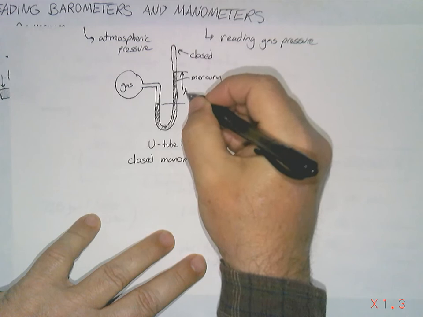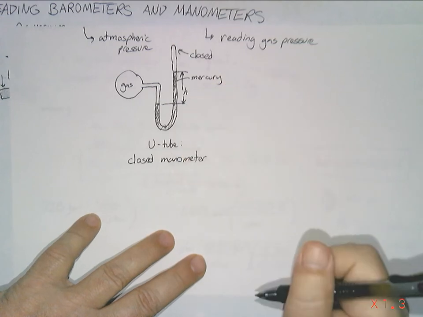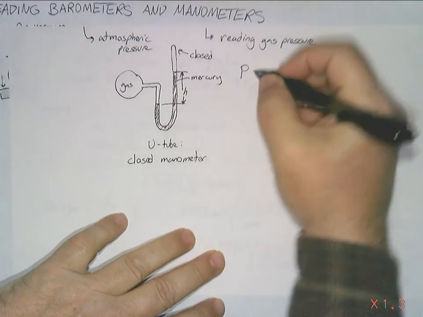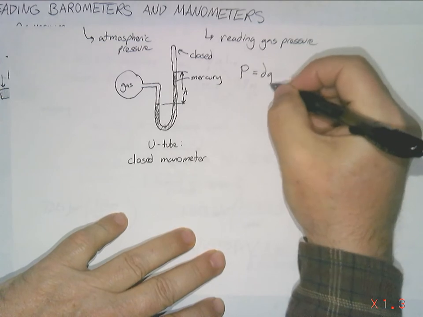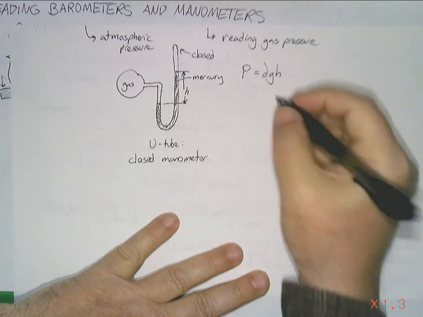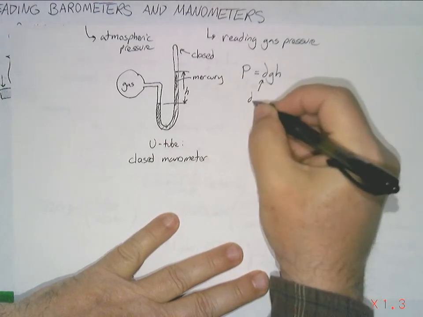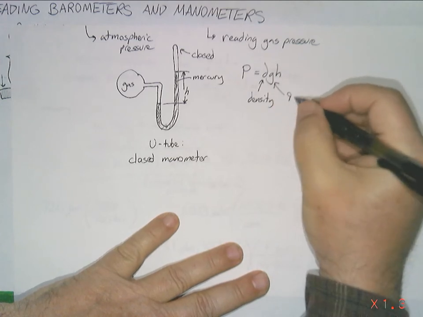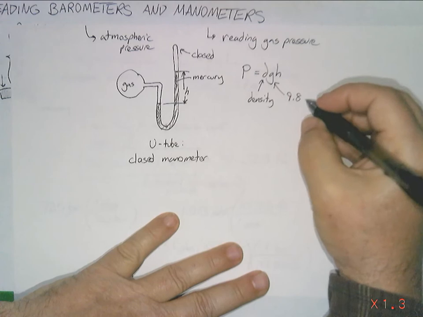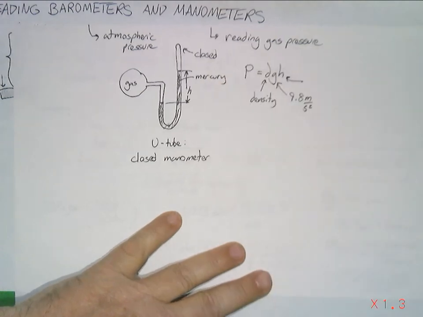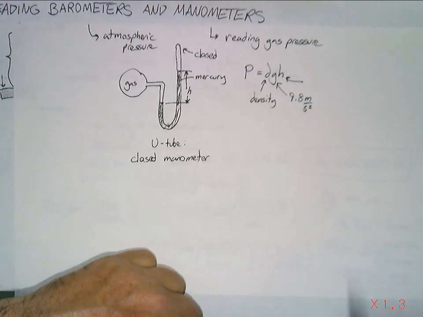And I'll call this H. And then I can simply use my equation that we derived a couple of videos back for fluid height to calculate what the pressure of the gas was. The D is the density of the fluid, remember? The G is the acceleration due to gravity. It's a constant. And the height is the height that I read off the closed manometer.